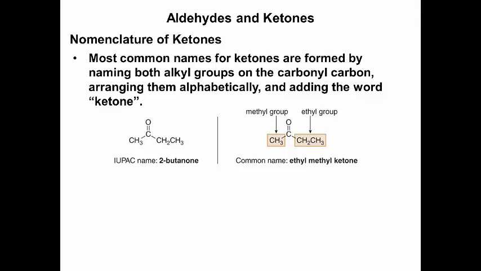For example, the IUPAC name of the following compound is 2-butanone, whereas in the common name, around the carbonyl carbon you have a CH3 group called the methyl group and a C2H5 or CH2CH3 group, which is called the ethyl group.